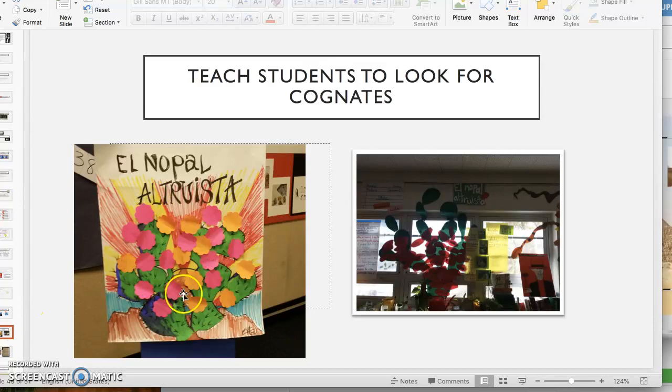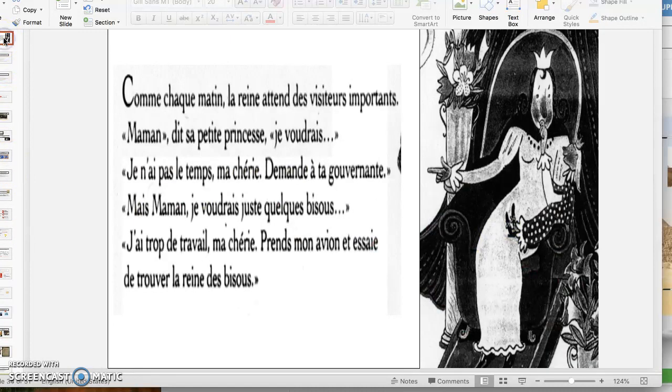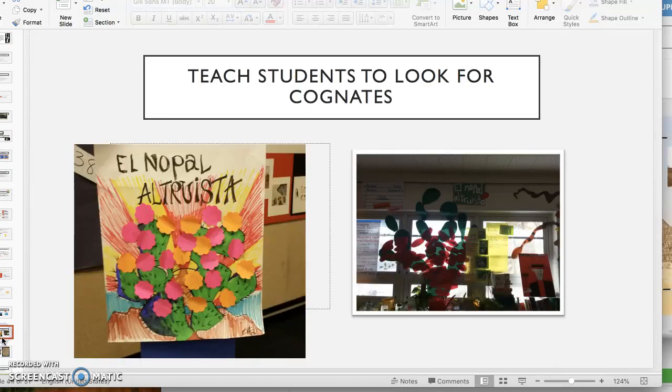So these are cactuses that I've seen, kind of like the giving tree was in English. This teacher had el nopal altruista, and kids looked for cognates, and then they were able to put them on the wall, and they felt so proud when they could identify a cognate. And it became a practice so that when they did get a text in a language that was different from them, like this, they knew already how to go and look for cognates.